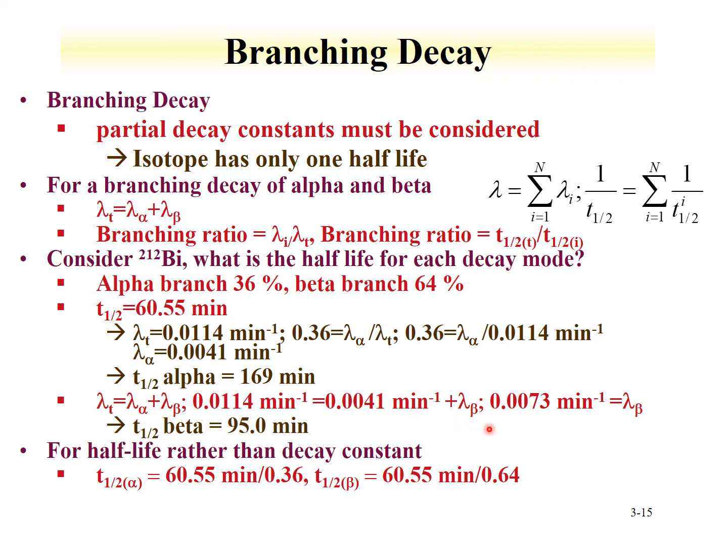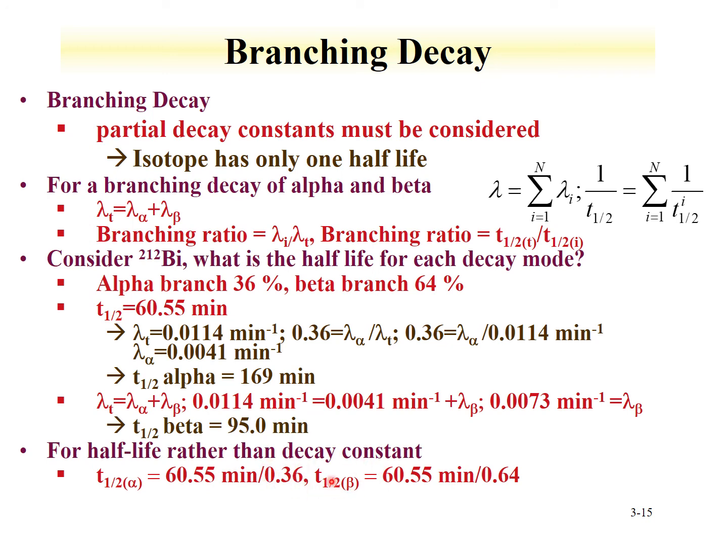We do the same thing for the beta decay, and we see that its value is about 95 minutes. We could calculate the half-life directly using this ratio. If I know that the total half-life is 60 minutes, the alpha half-life is equal to the total half-life divided by the branching ratio.